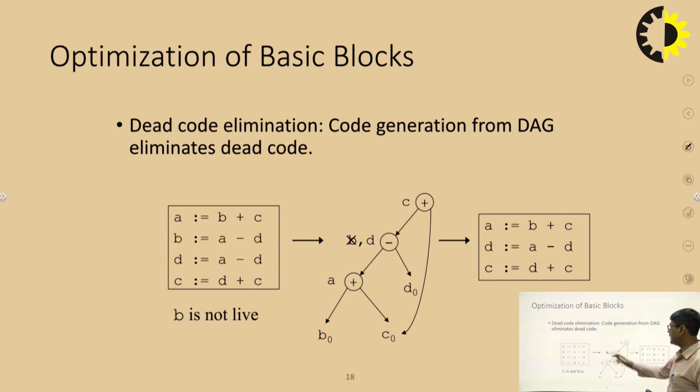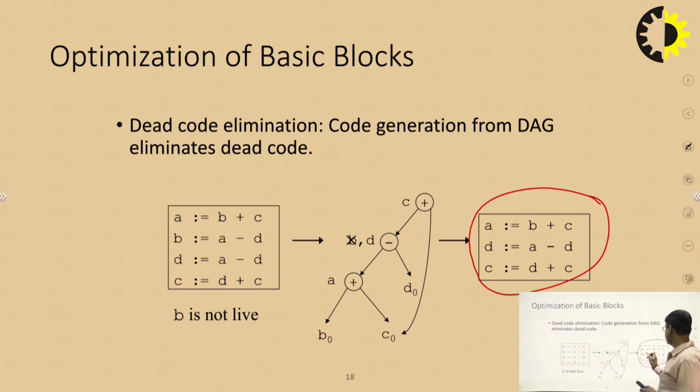In this program, A equals B0, C0, B equals A minus D, then D equals again A minus D, C equals D plus C. You will see that B and D are both local common subexpressions, because B and D represent the same thing. So this shows B is not live.